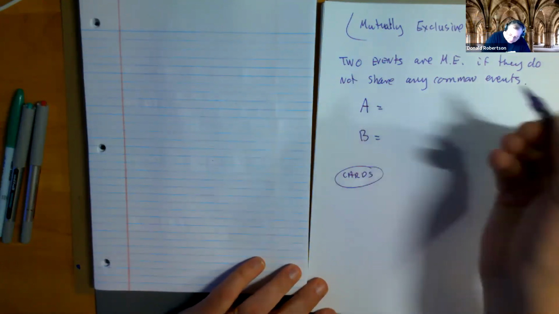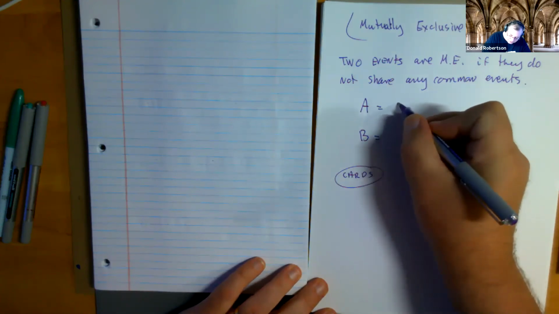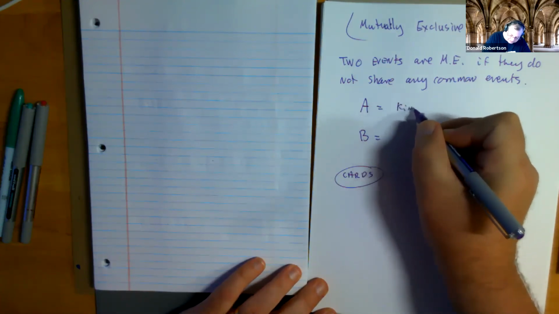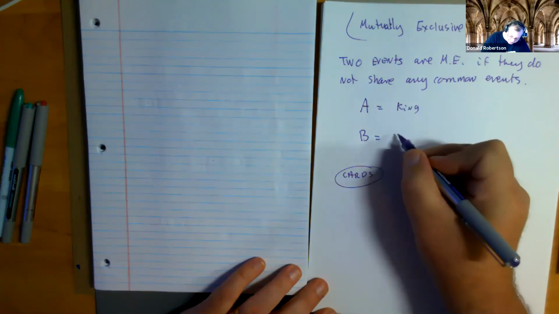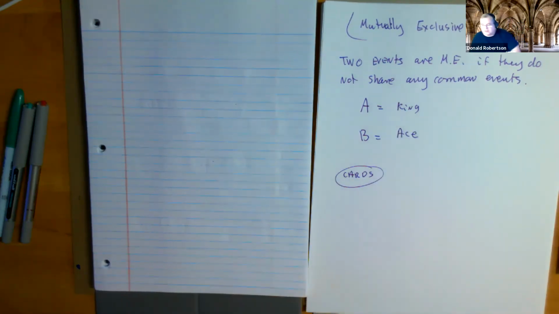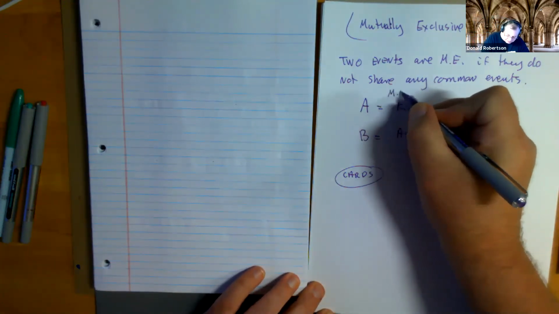Event A is you pick a card and you get a king. Event B is you pick a card and you get an ace. Those two events are mutually exclusive. Would you agree if it's a king, it can't be an ace, and if it's an ace, it can't be a king? Does that make sense?